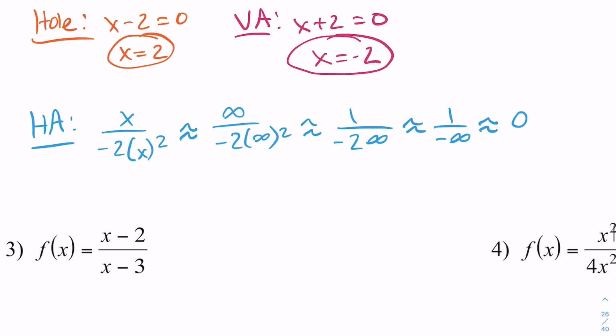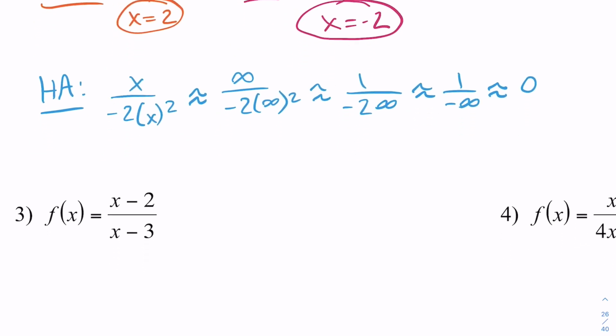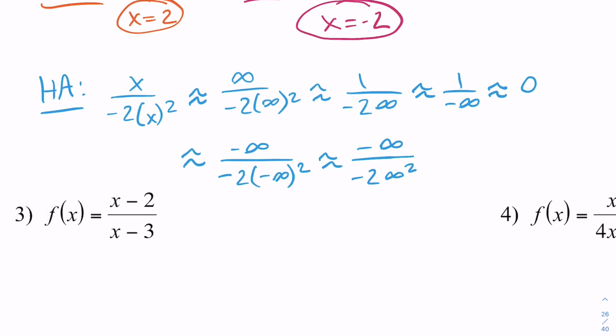And the same thing's going to happen with this other one. So it's going to also be negative infinity over negative 2 negative infinity squared. Negative infinity times negative infinity is infinity squared.